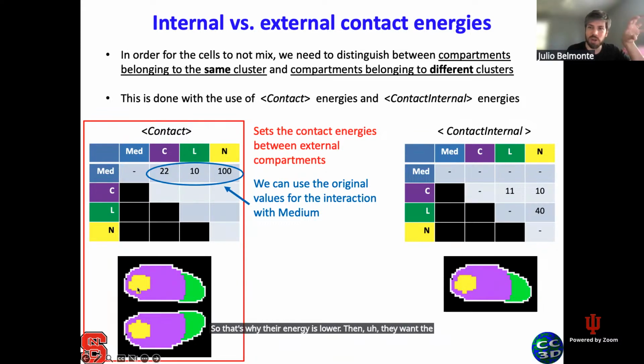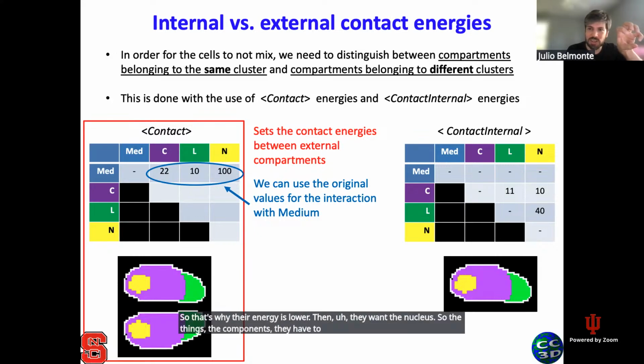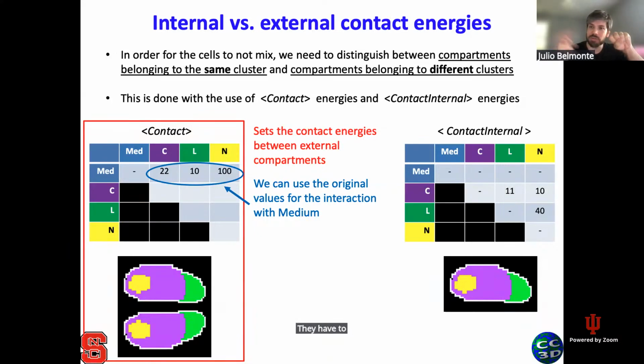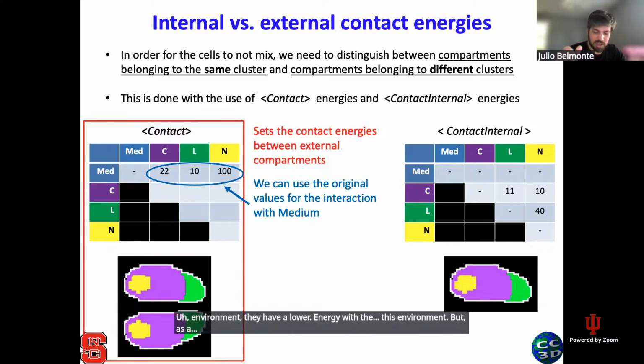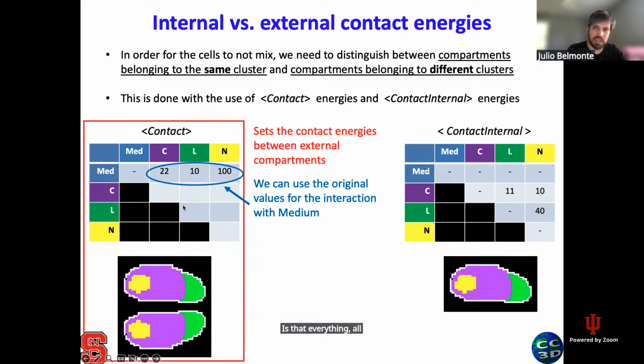So the compartments that have to be completely inside the cell have a very high energy with the external environment, and the compartments that actually touch the external environment have a lower energy with it. But as a rule of thumb, when you use compartmental cells, all the external contact energies usually have to be higher than the internal contact energies, okay?